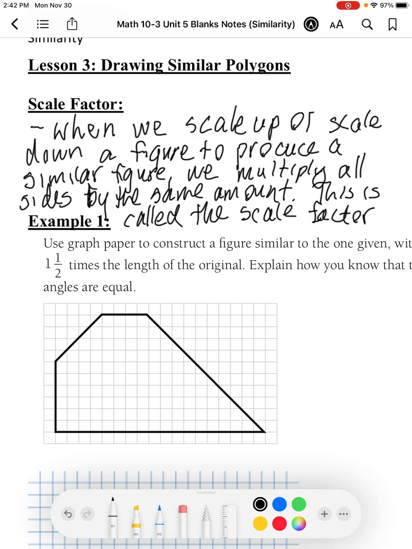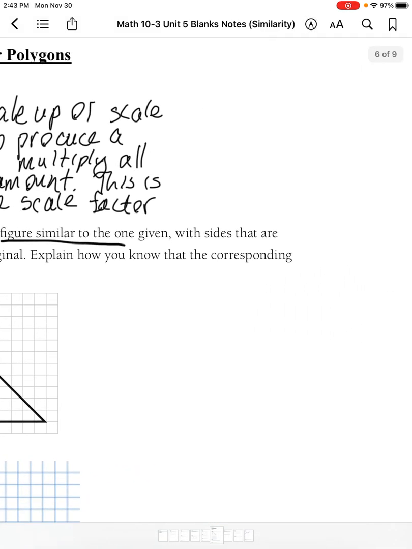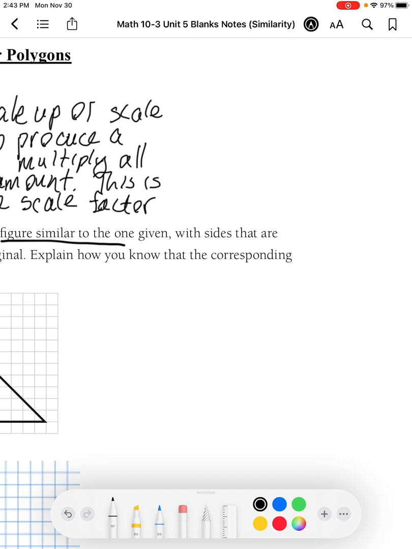I'm going to move this over a little bit. The scale factor is equal to basically the new diagram over the original diagram. Or if you're doing a model, it would be the model over the original.